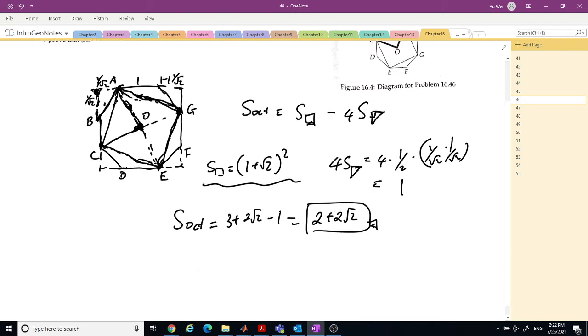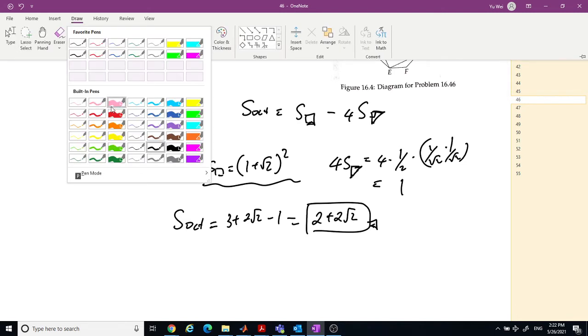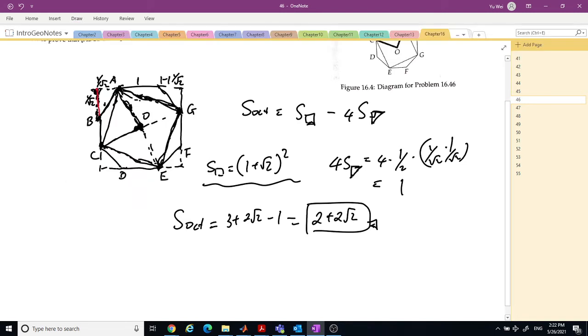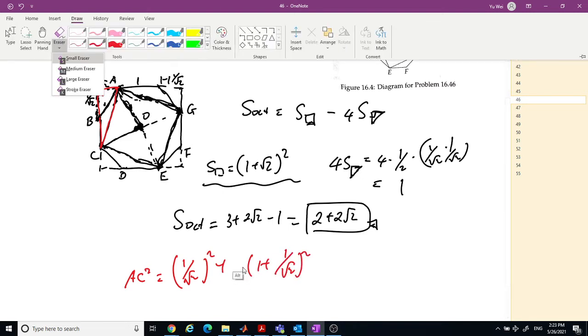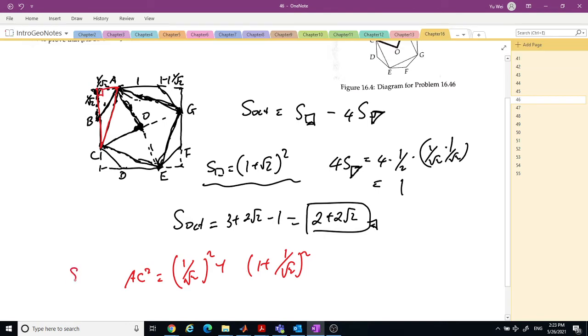We can see the AC squared from the right triangle. So you can see the AC squared is equal to 1 over root 2 squared plus 1 plus 1 over 2 squared. Okay, so it is also equal to the ACEG, right?